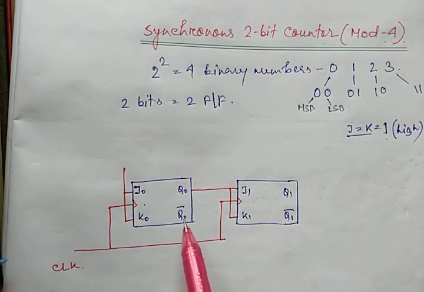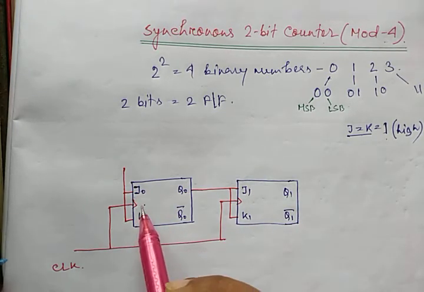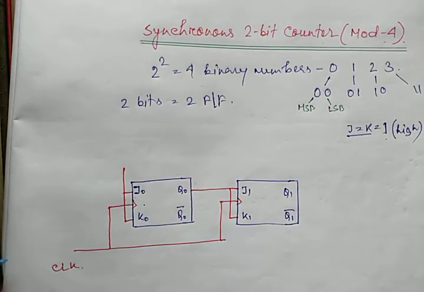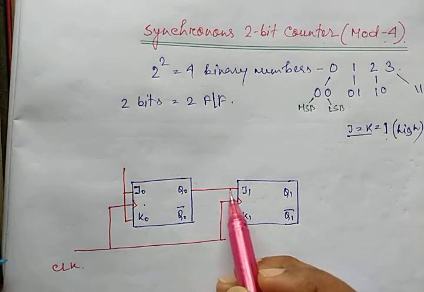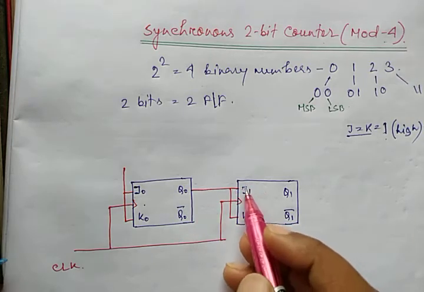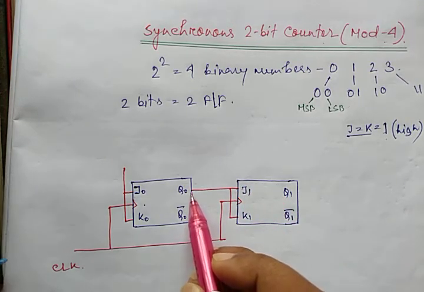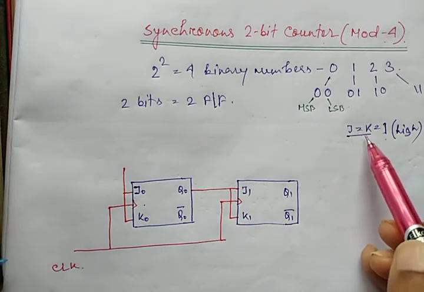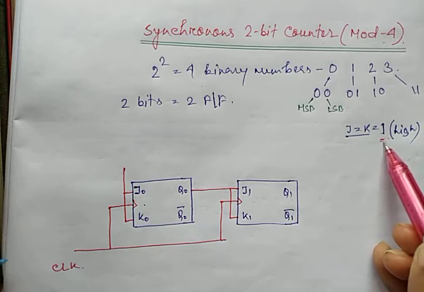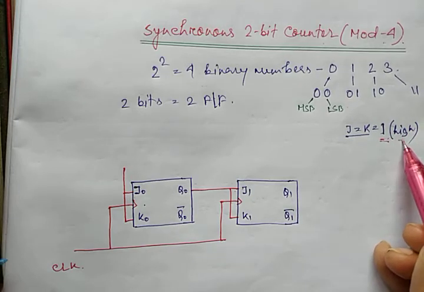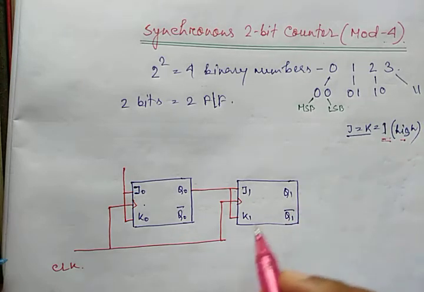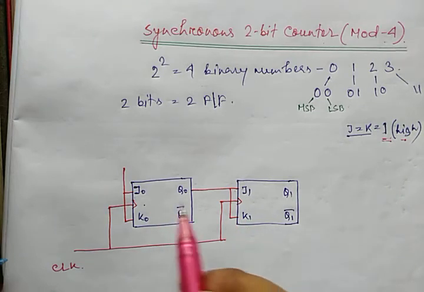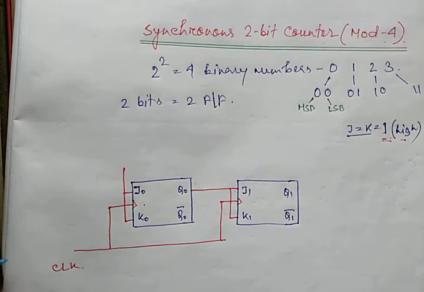The first flip-flop of a synchronous counter is connected from the outside world, and the input of the second flip-flop is connected with the output of the first flip-flop. As we know, we have to feed input as 1, that is high, in order to achieve the toggle state which we will use in counter design.